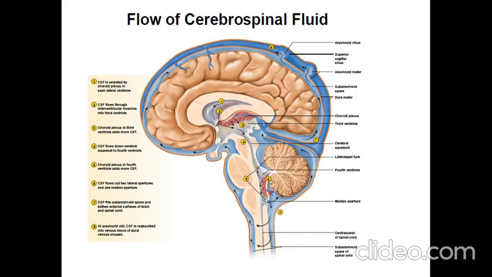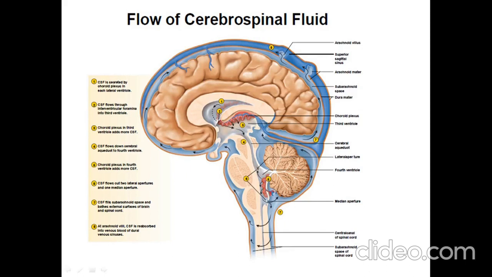The choroid plexus of the fourth ventricle adds more cerebrospinal fluid, and this fluid flows out through the two lateral apertures and the one median aperture. Again, this fluid passes to the subarachnoid space and bathes the external surface of the brain and the spinal cord.